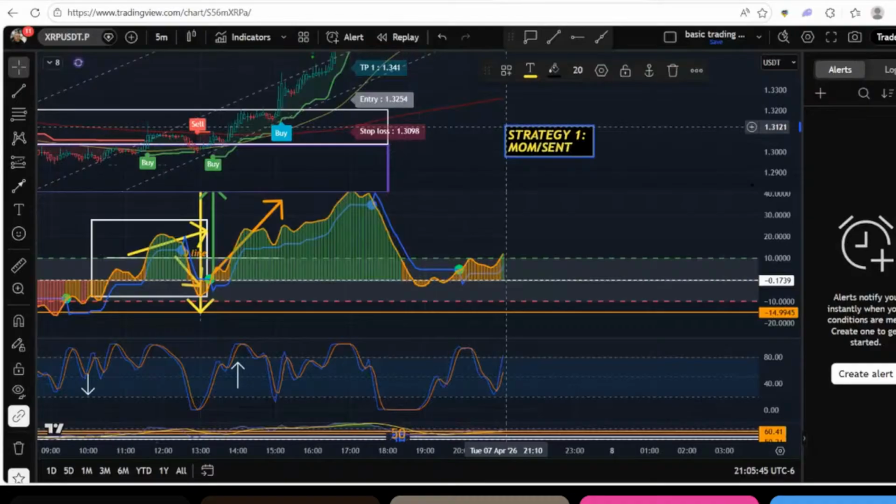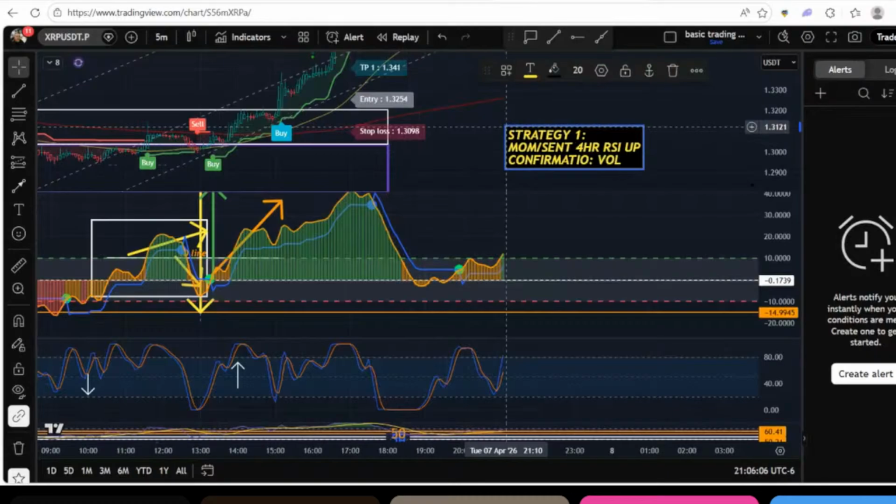For that, we're going to use the 4 hour RSI up. And then the next part of it is confirmation.